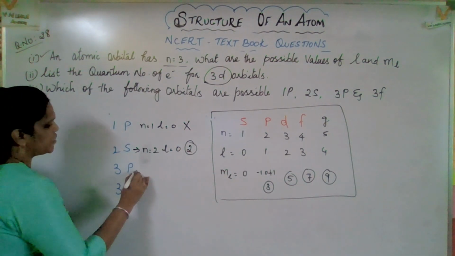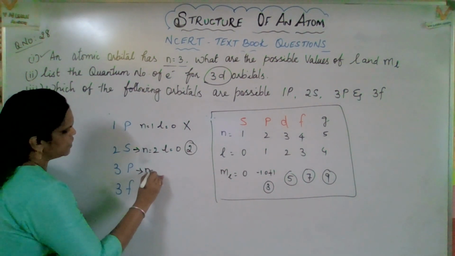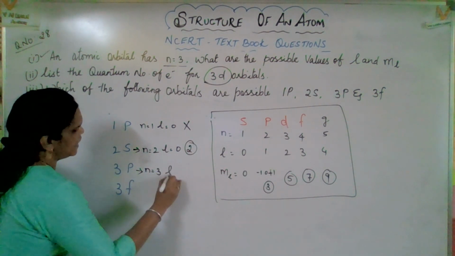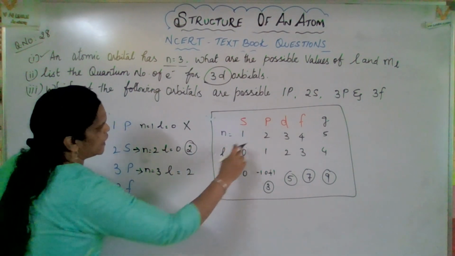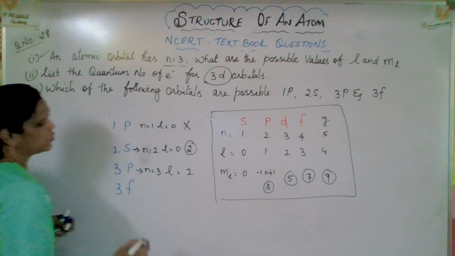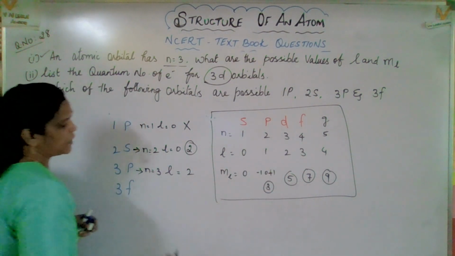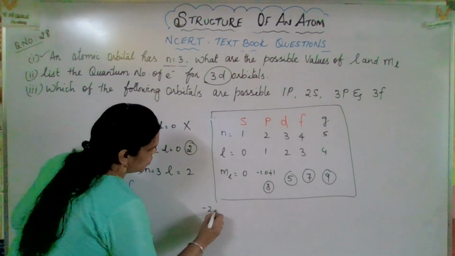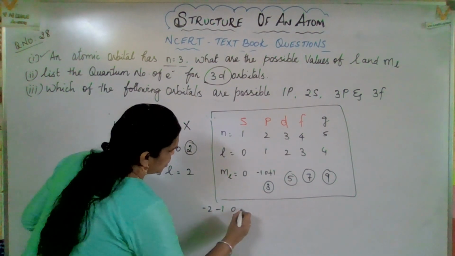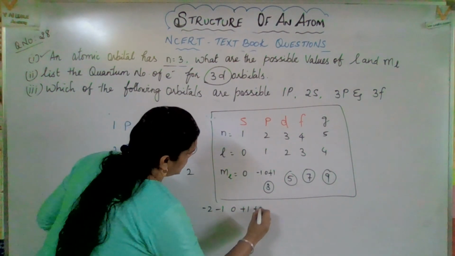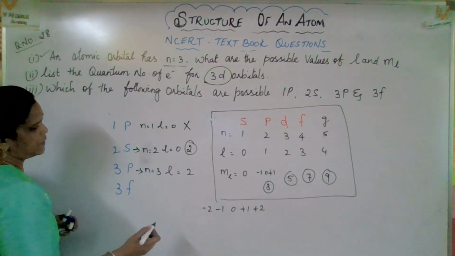Okay, now 3p. So n equal to 3, L equal to 1. So that means you will get 3 compartments, that is minus 1, 0 and plus 1. Just now we have gone through that point.